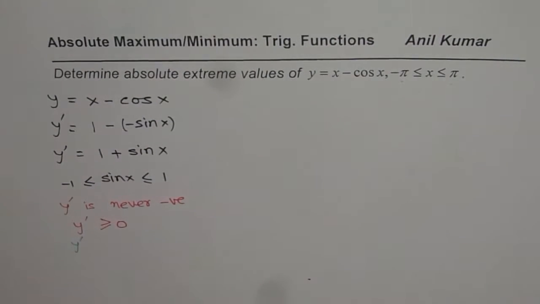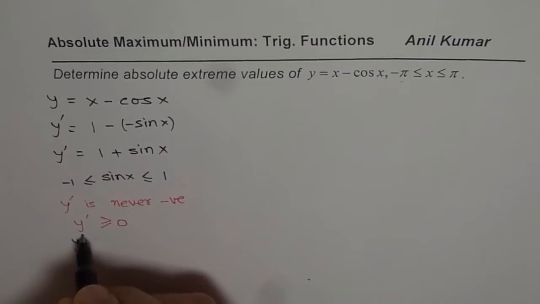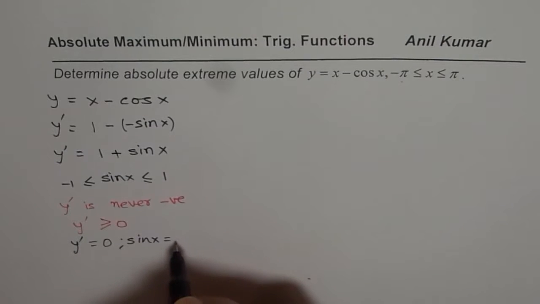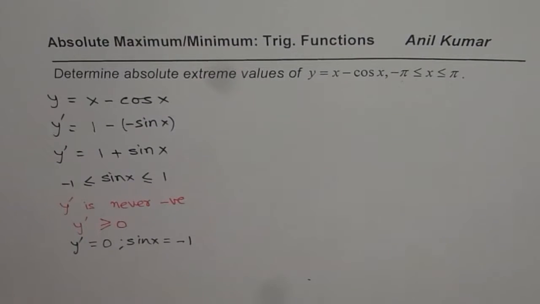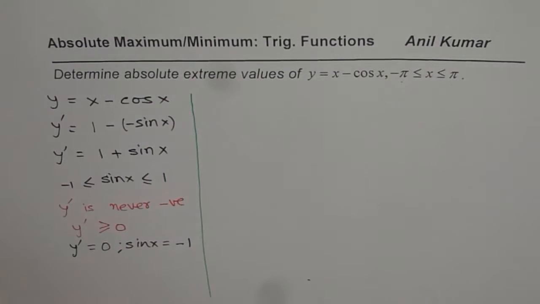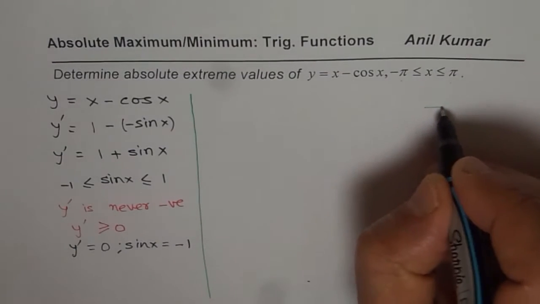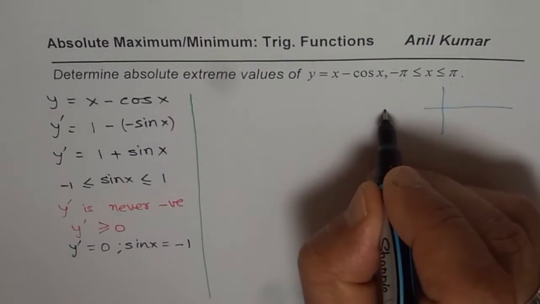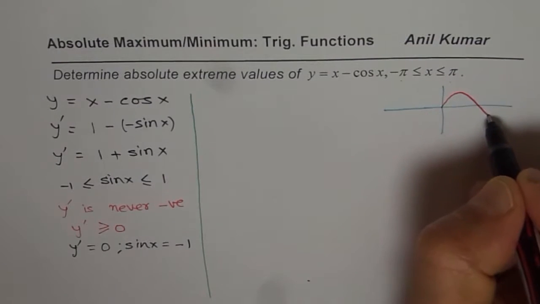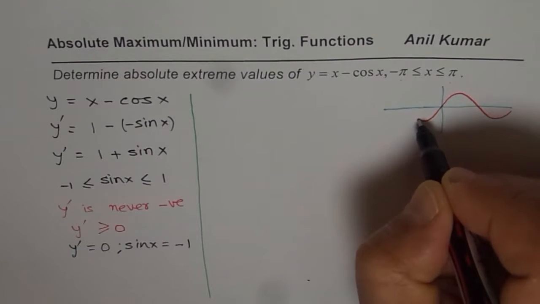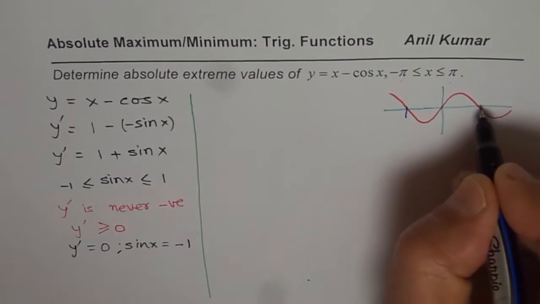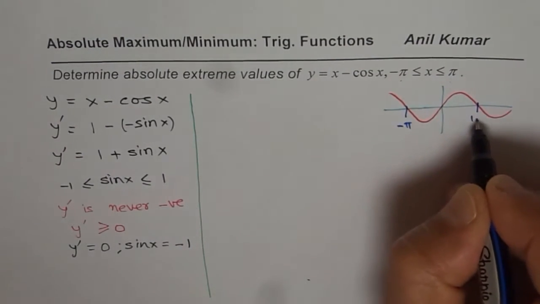We can say y prime equals 0 when sin x equals minus 1, correct? So we'll find the critical numbers anyway. The critical numbers are when sin x equals minus 1. That is the graph of sin x, because we are considering both negative and positive sides, and our domain is between minus pi and pi.